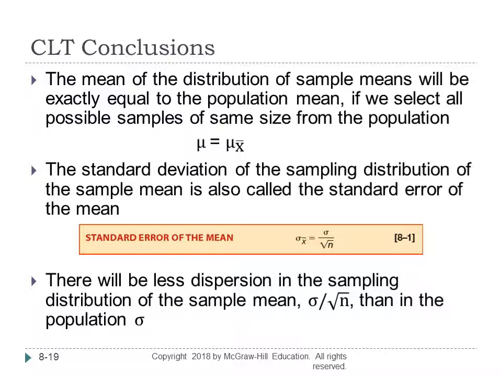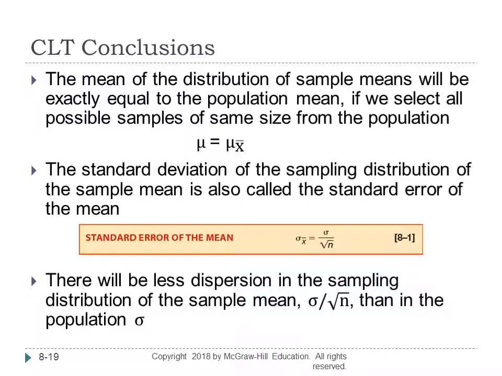Sigma for x bar, where x bar is your sampling distribution of the mean. That distribution, we already stated, will have a mean equal to the mean of the population, and here is how to calculate its spread, which we call the standard error. The standard error is equal to sigma, the standard deviation for the population, divided by the square root of n.